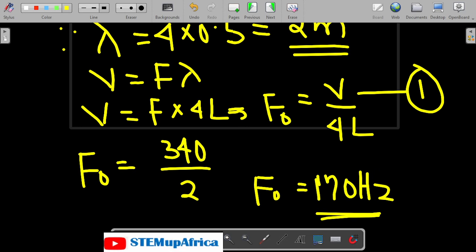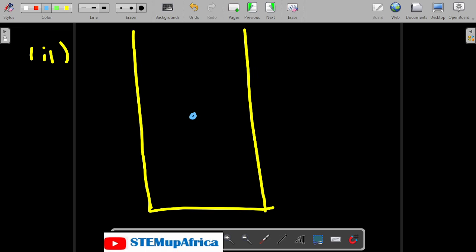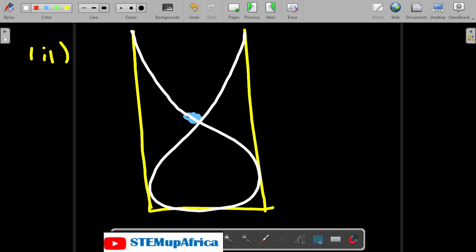But they are asking us to calculate the frequency of the first overtone. For the first overtone, the pipe will look this way, like this, with a certain vibration.